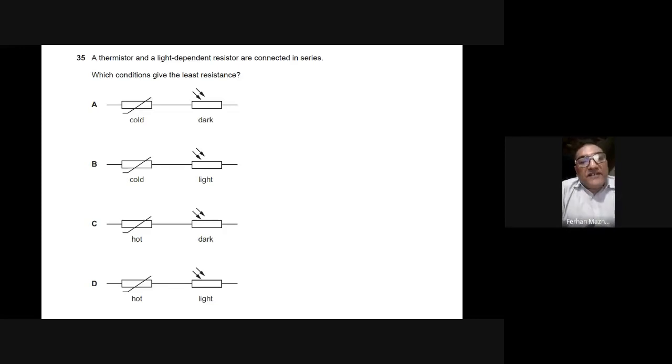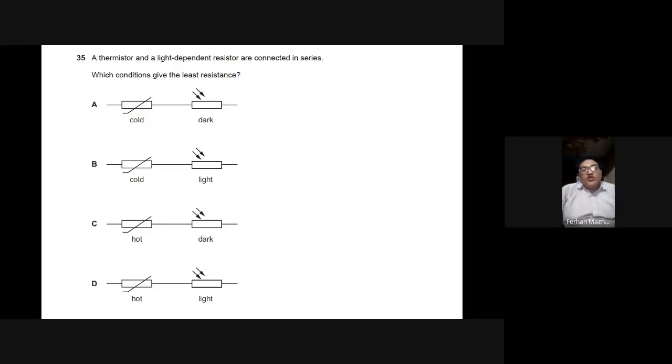Okay, question number 35 is on your screen. A thermistor and a light dependent resistor are connected in series. Which conditions give the least resistance? Because the thermistor and the LDR are connected in series to produce a combined least resistance, they both should have the least resistance.